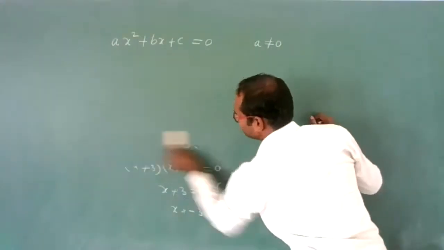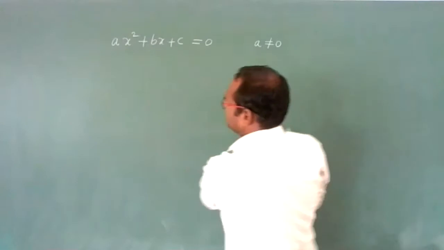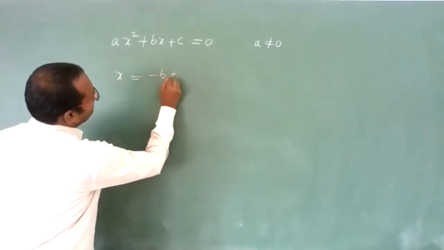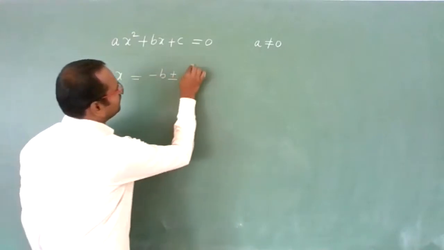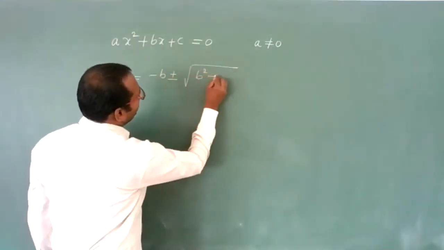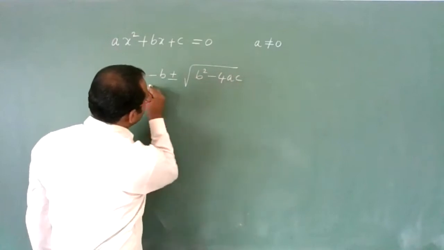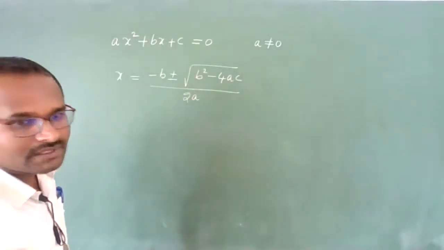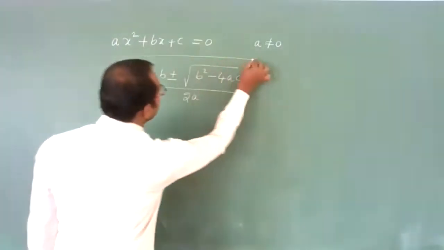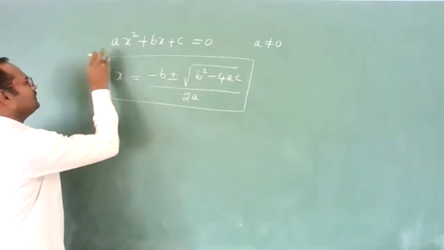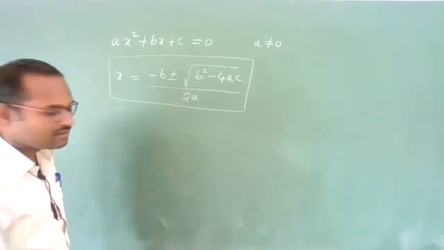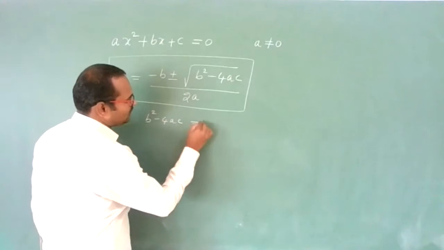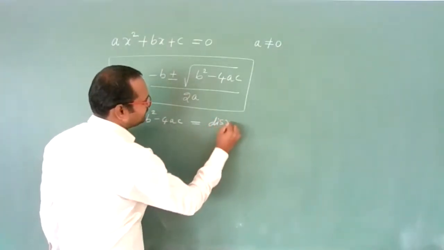The formula is, as you know, x is equal to minus b plus or minus under root of b square minus 4ac, divided by 2a. You must remember this formula. Here, b square minus 4ac is called the discriminant.